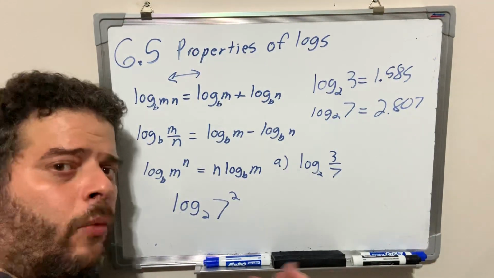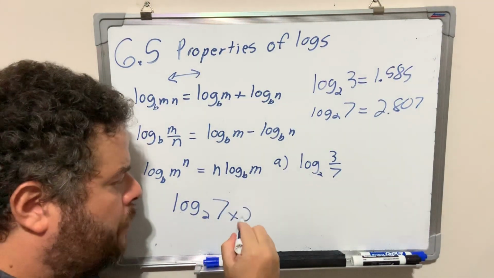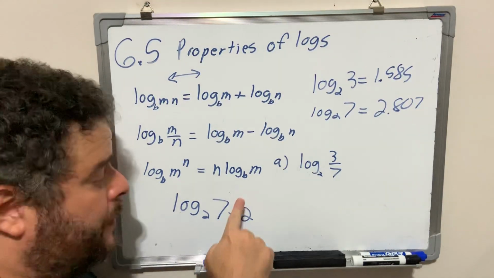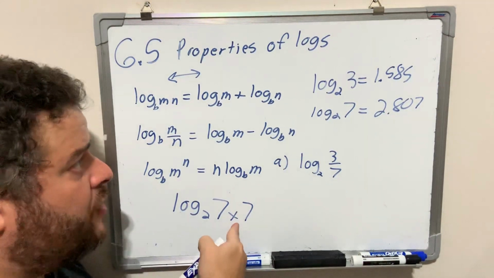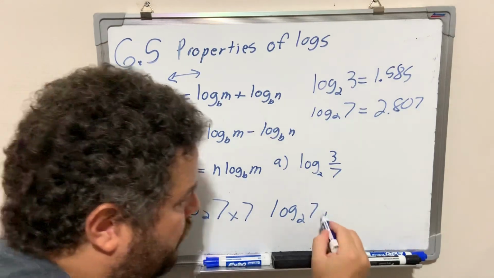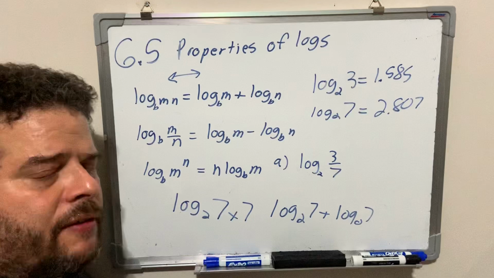Now, there are two ways you can work this problem, and they are both correct. You can turn this into a multiplication, 7 times 7, and since this is a multiplication, you just add: log base 2 of 7 plus log base 2 of 7. And that's perfectly fine.